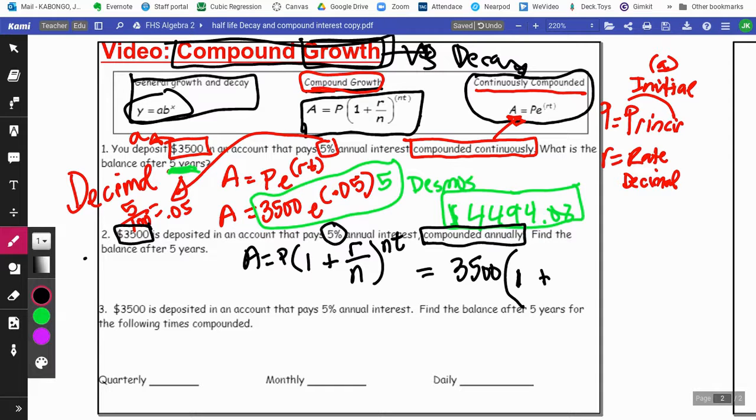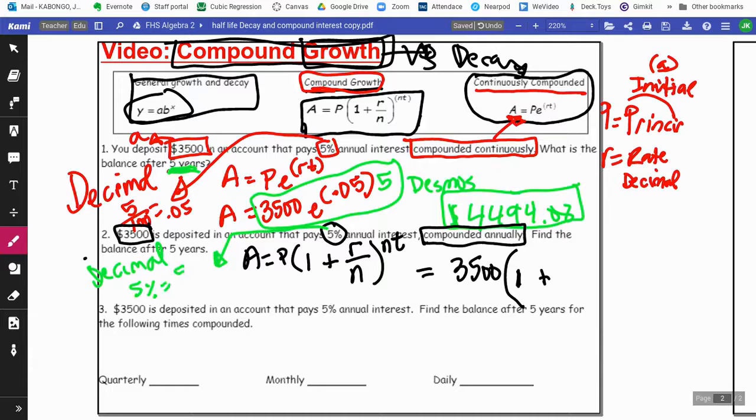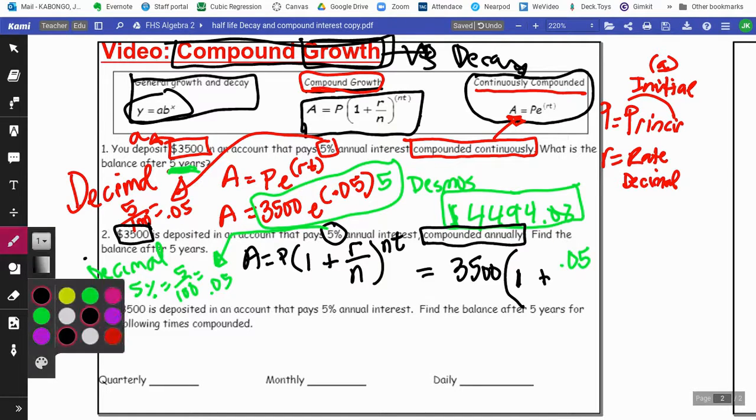Remember, the rate must always be in decimal. So if the rate is 5%, that only means 5 divided by 100, which equals 0.05. Over n. N stands for the given time in years. No, the given time.